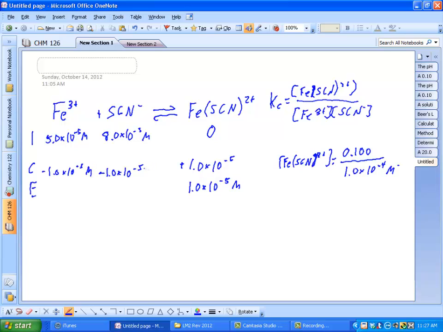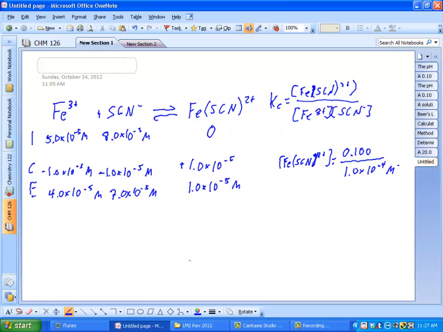All right, so that means at equilibrium, the concentration of iron 3 is going to be 4.0 times 10 to the negative fifth molar. And the concentration of the thiocyanate is going to be 7.0 times 10 to the negative fifth molar.